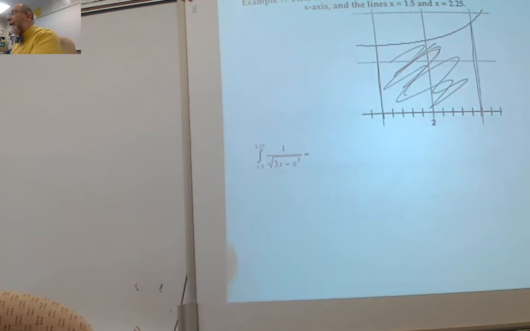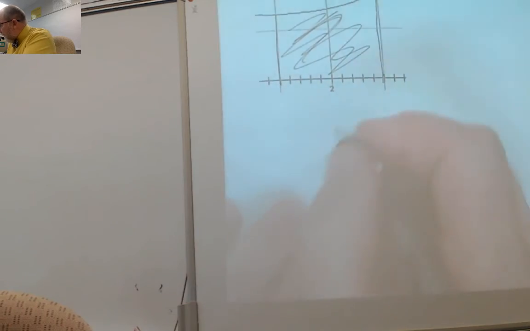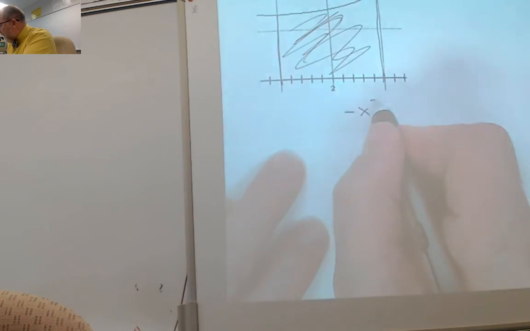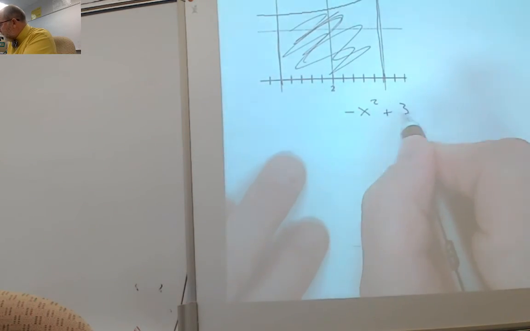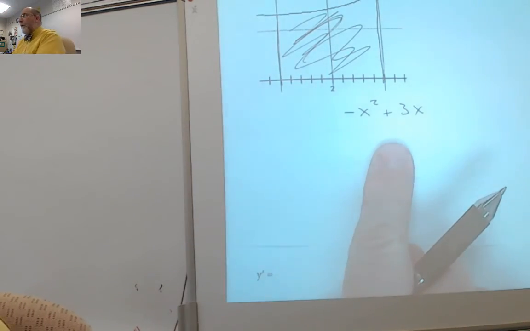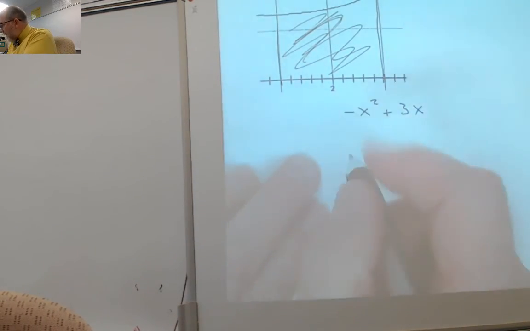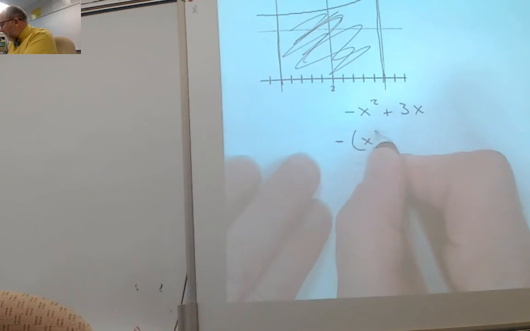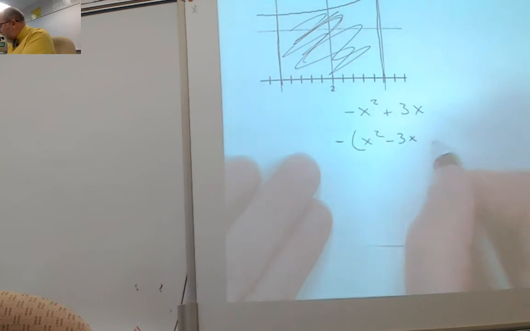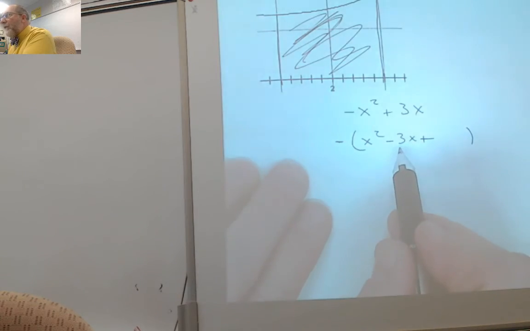So now I'm thinking, all right, it's arc sine or arc secant. Would you agree? So now over here on the right, because it's kind of messy, I'm just going to complete this square. And I write it in that form. I factor out the minus sign. X squared minus 3x plus, well, what's half of minus 3?